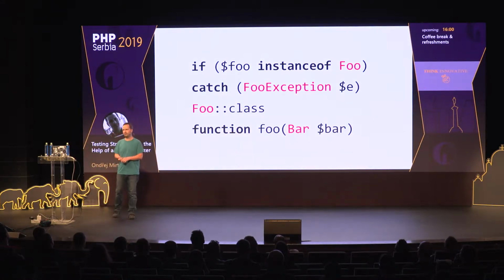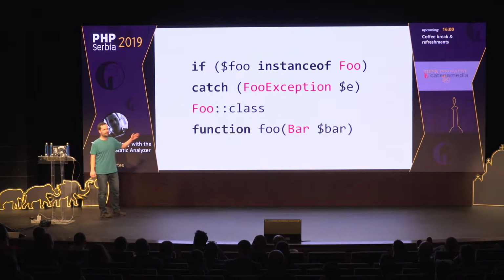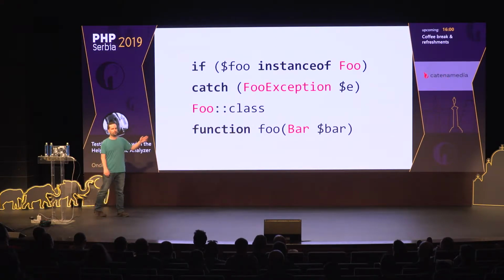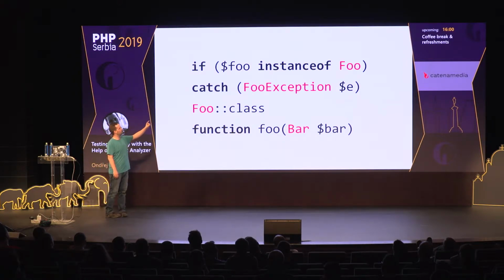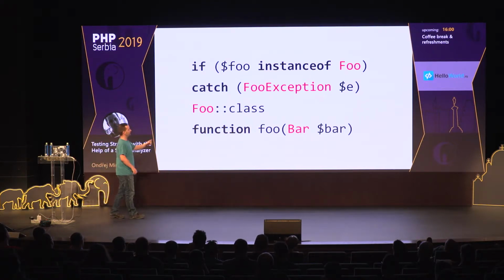It helps you with writing PHP code because PHP itself is very forgiving about errors. In none of these cases does PHP complain when the class does not exist. You can ask about instanceof some class, and if Foo doesn't exist, it just skips the condition.